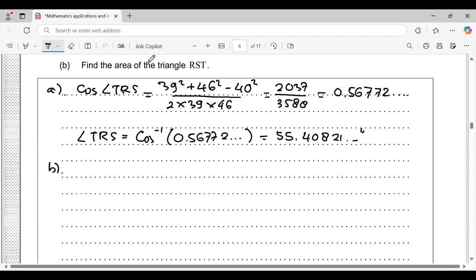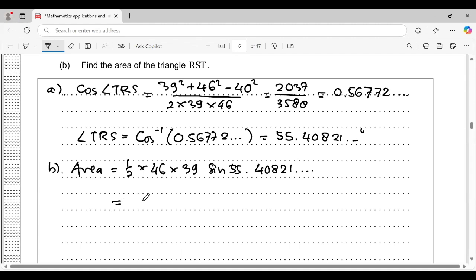B. Find the area of triangle RST. Area equals 1/2 times 46 times 39 times sine of 55.40821.